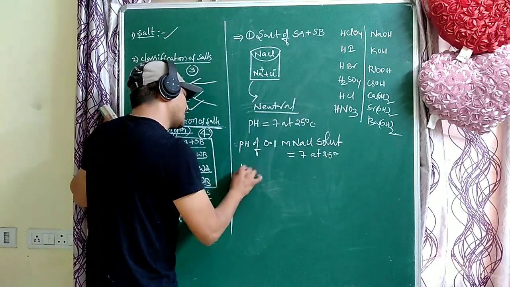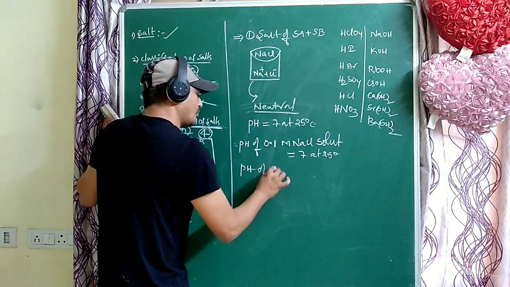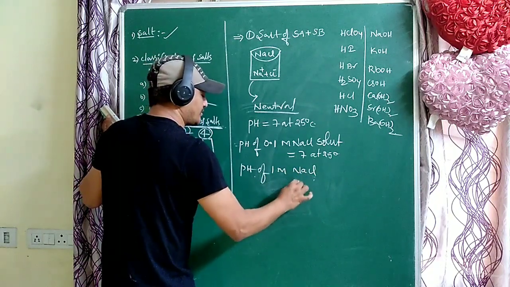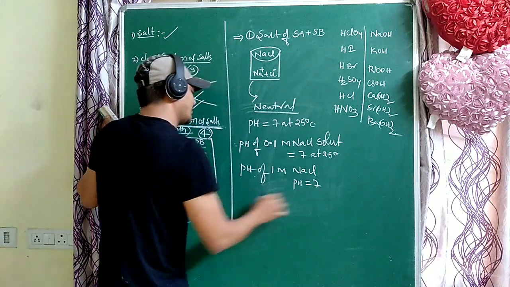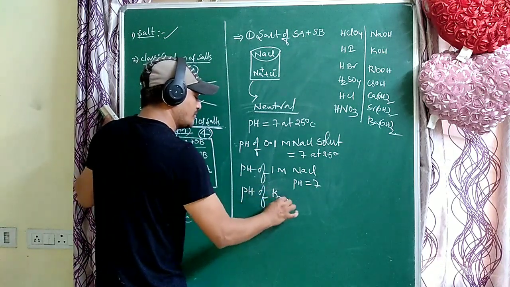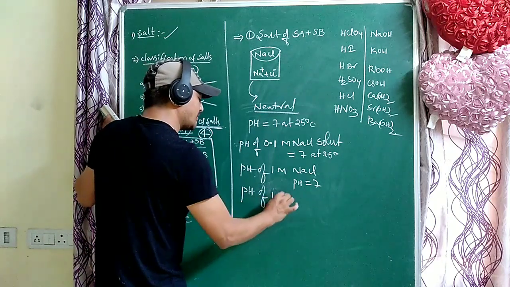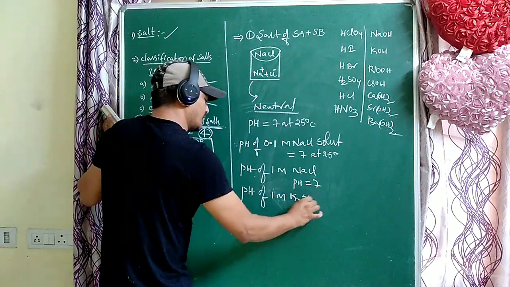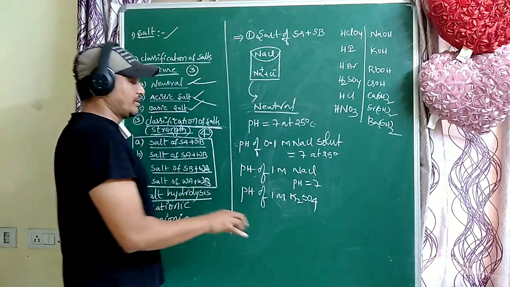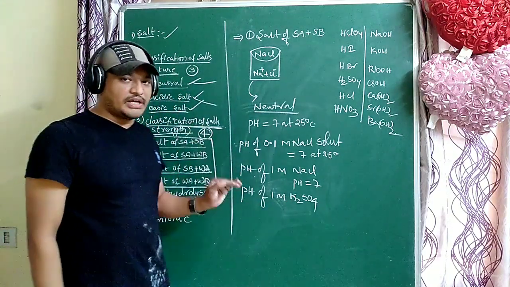For example, the pH of 1 M NaCl solution is also 7. Next, the pH of 1 M K2SO4, which is a neutral salt. This does not react with water, so the salt does not hydrolyze.